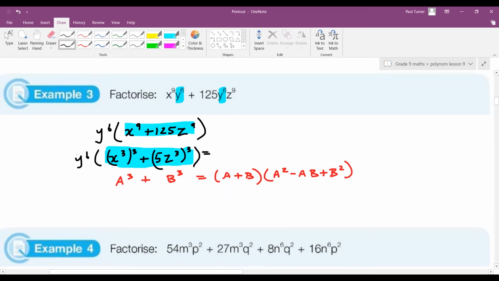But you have a y6 here, right? So we should really put that first. y6, a plus b, that's x cubed plus 5z cubed. Then we've got a squared, so x3 to power 2 is x6, minus x cubed times 5z cubed, so 5x cubed z cubed.